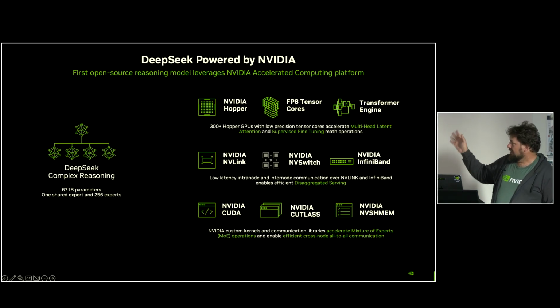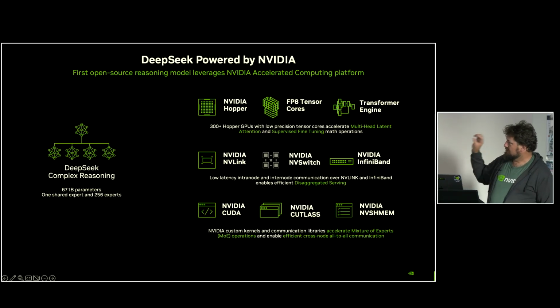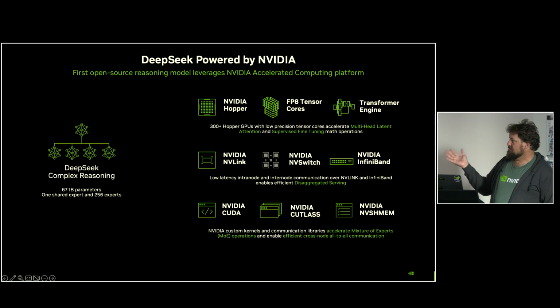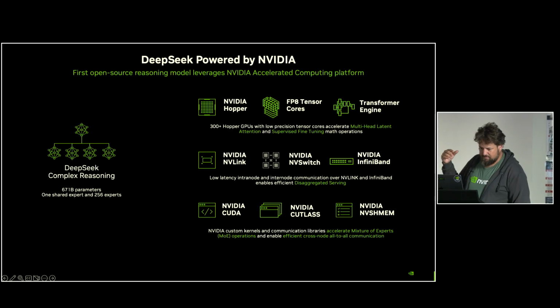So other technologies are involved: we have amazing chips, then you have the switch layers, and then at the bottom, we have our CUDA libraries, Cutlass libraries, and things like NVSHMEM. And so DeepSeek was able to use all these things to produce the best model, 671 billion parameters at the time.